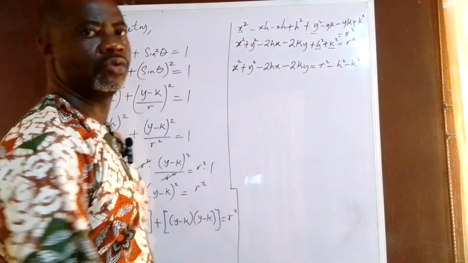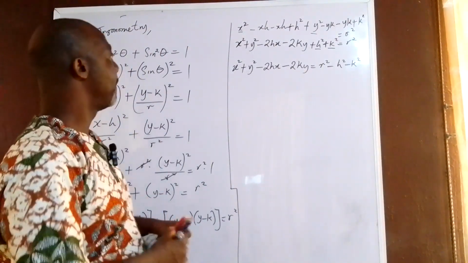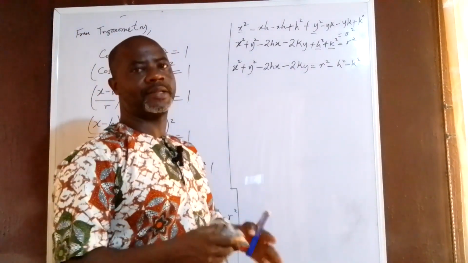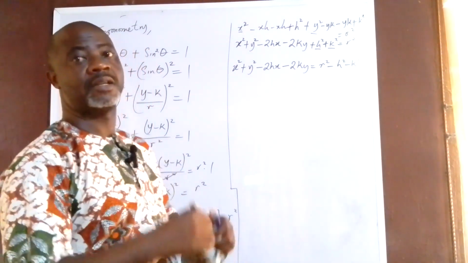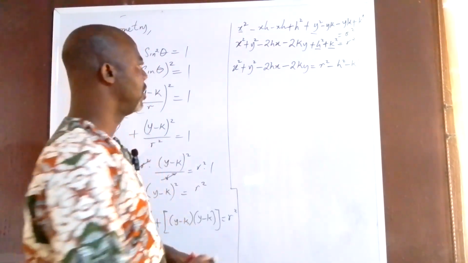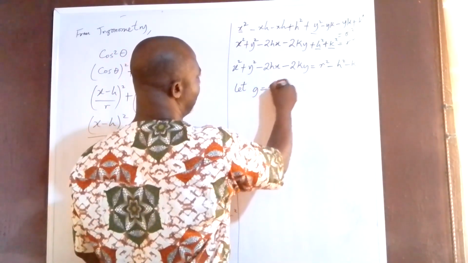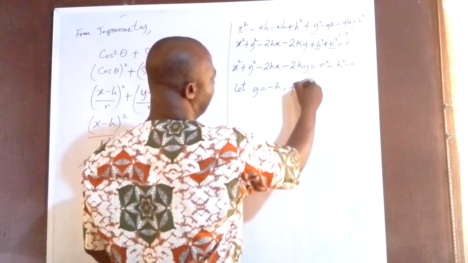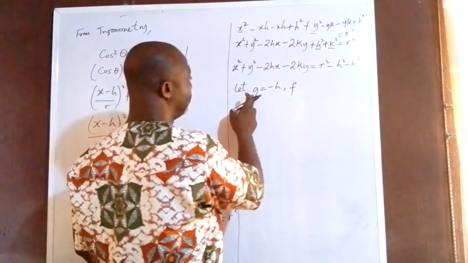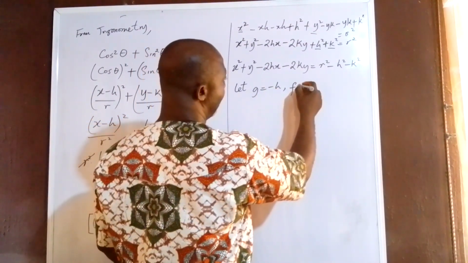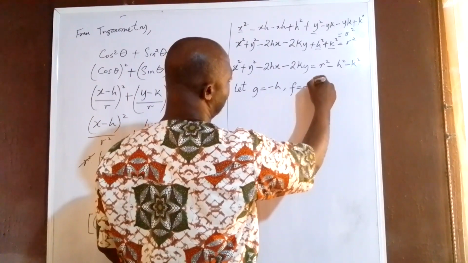Now we are going to do a kind of substitution. Don't forget that h and k are the centers. So we are going to introduce a new set of centers, g and f. Let g equal to minus h and f equal to minus k. So g will represent minus h and f will represent minus k.